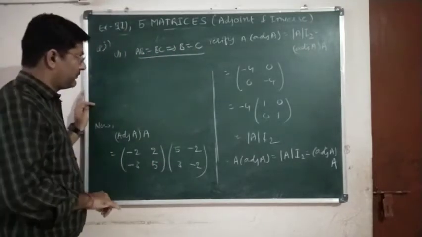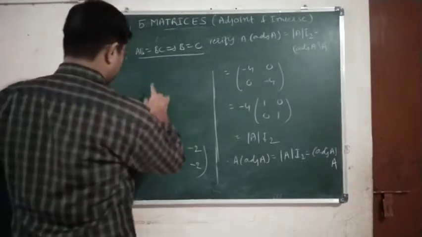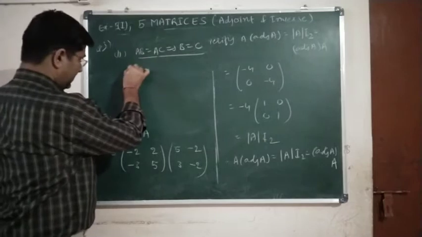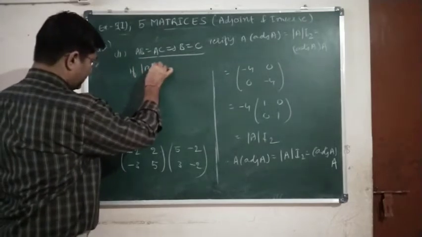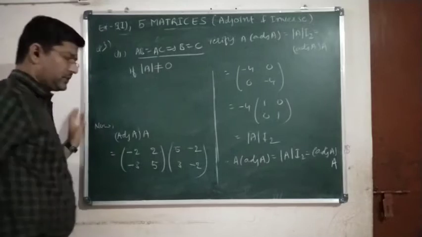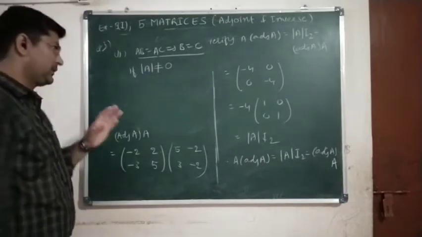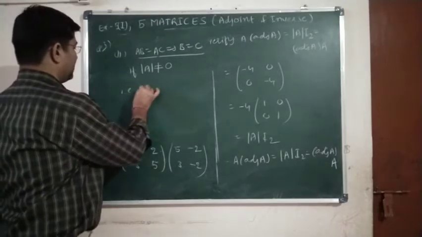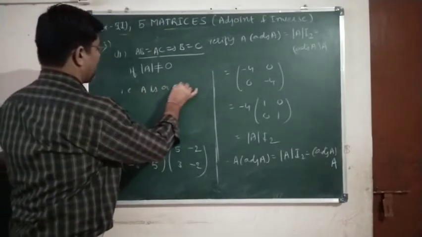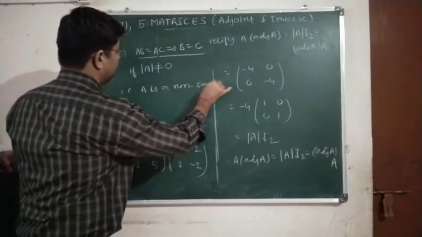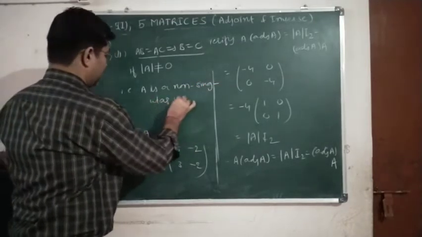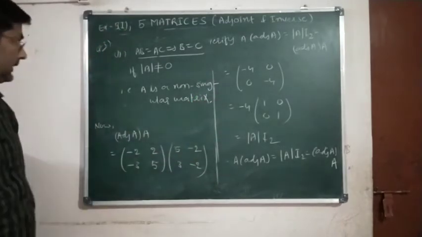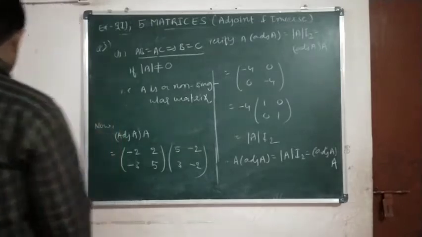By cancellation law we know that it is possible only if determinant of A is not equal to 0. That is, A is a non-singular matrix. Clear? So this is the second part done.